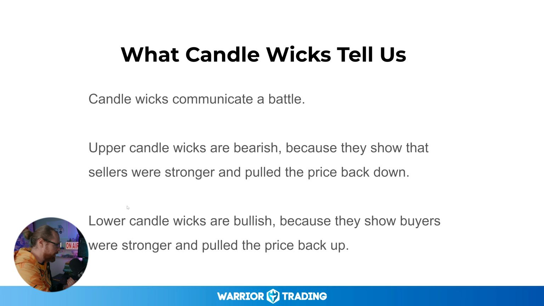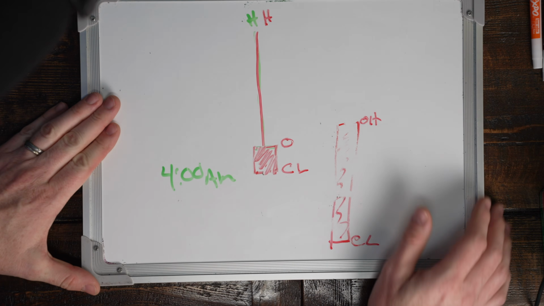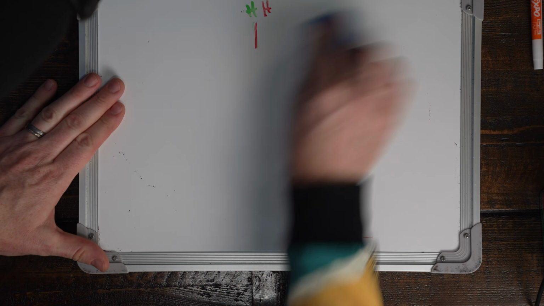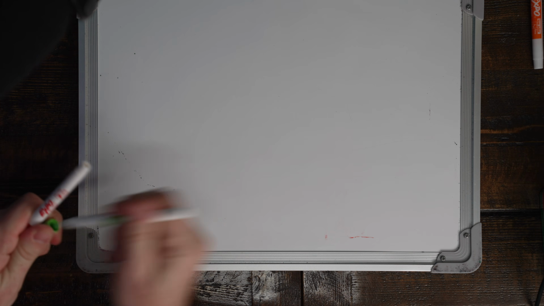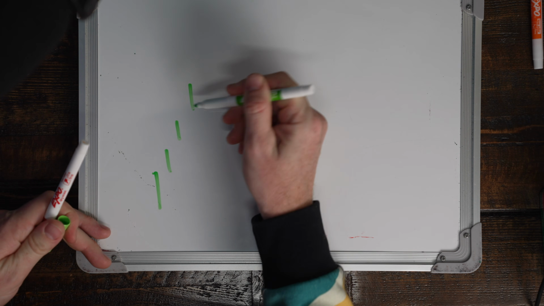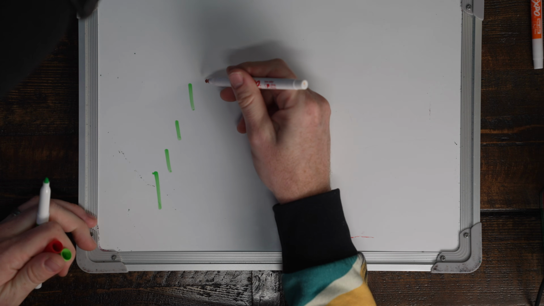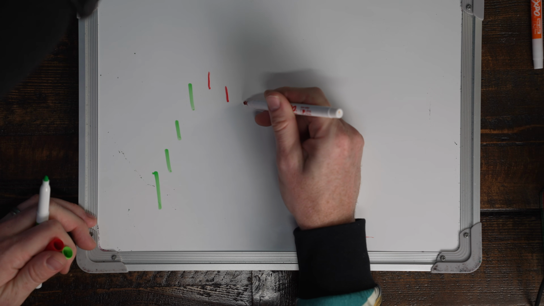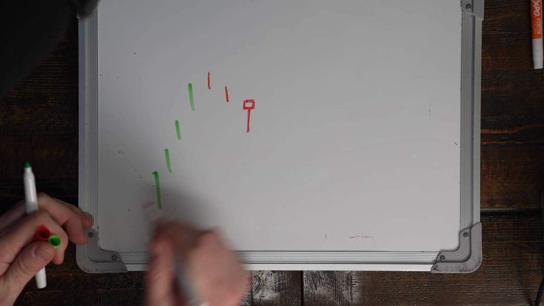So then inversely, the lower candle wicks are bullish because they show that the buyers were stronger and they pulled the price back up. So let's say, for instance, we have a stock that has been selling off. It moved up for a little bit, and let's pretend those are full long body candles. And then the price pulls back, and then right here, we have this candle wick.